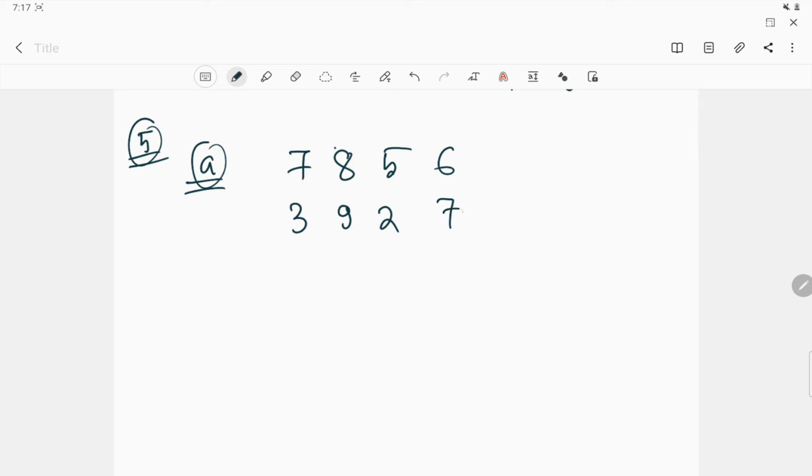Now I'm moving to question number 5. It says subtract and check your answers. 5A, first you have to subtract. 3927.